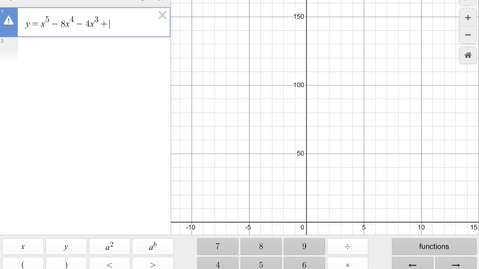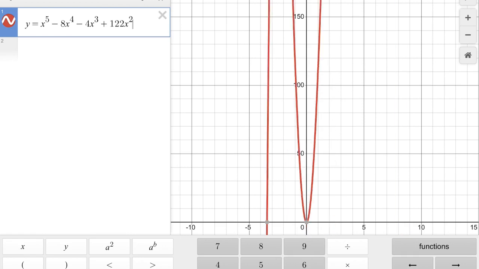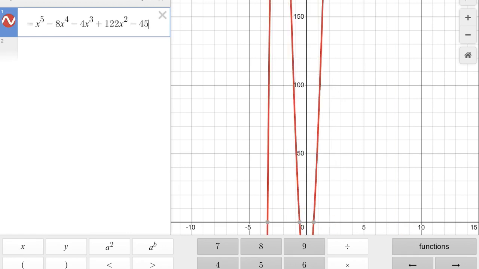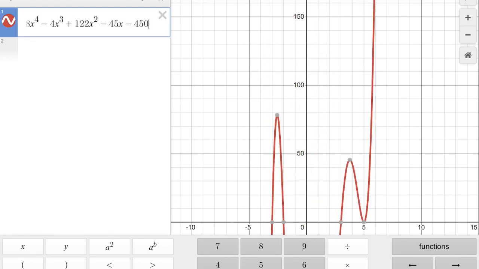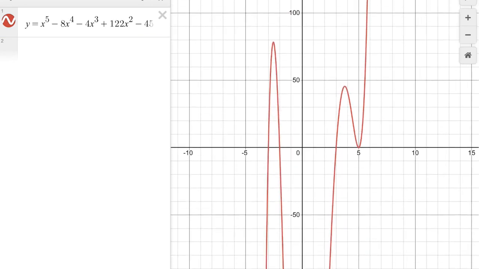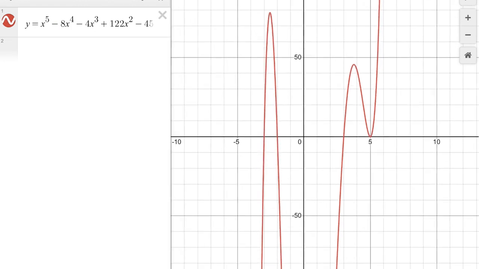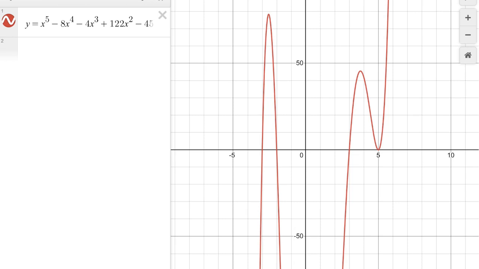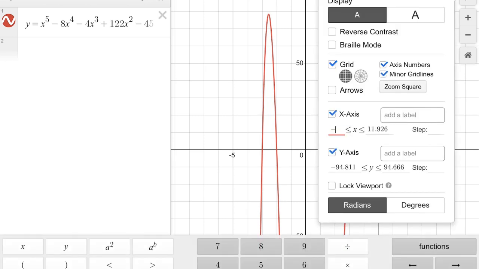All right, so we're typing in x to the 5th minus 8x to the 4th minus 4x cubed plus 122x squared minus 45x minus 450. Now remember, when you graph these, sometimes an adjusted window may be necessary. For this particular problem, my x window is really just going between negative 10 and 10.